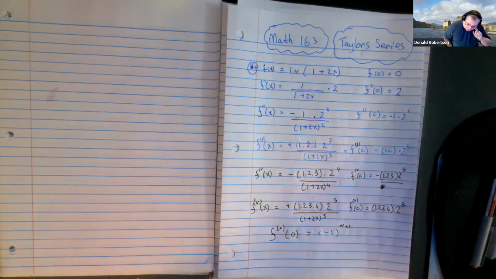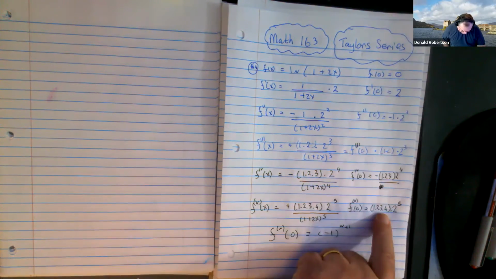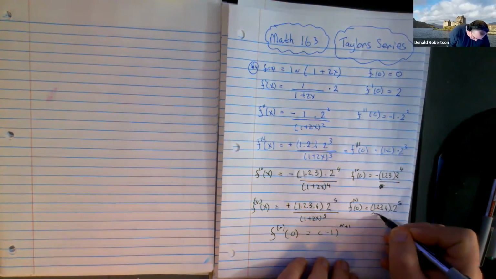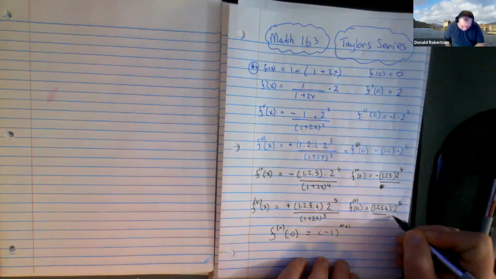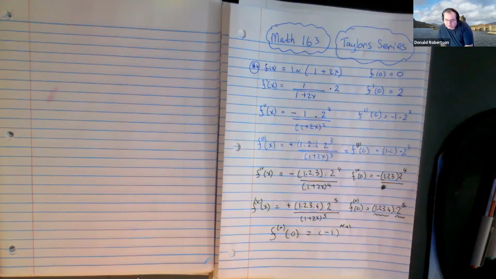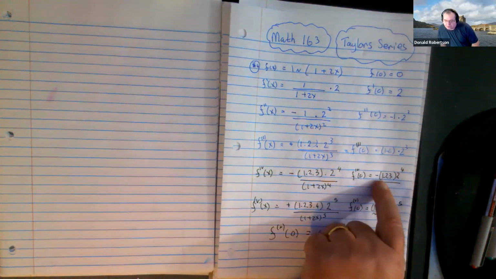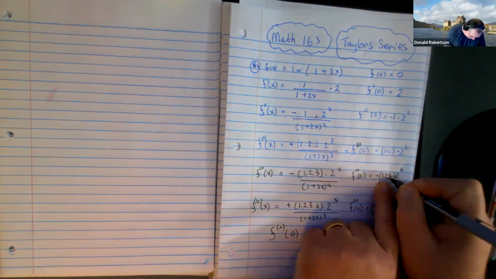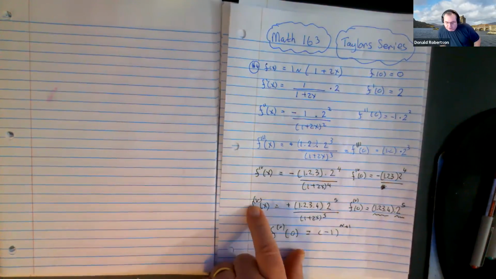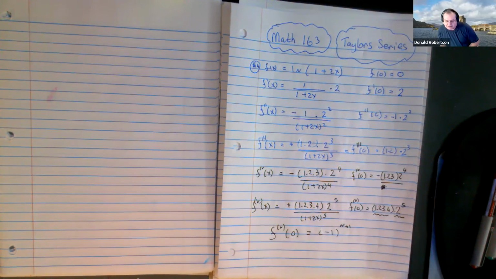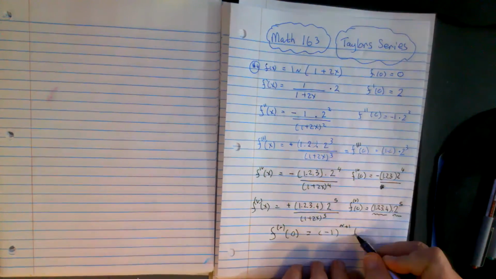Now, there are 2 more things over here. There's this piece, and separate from it, there's this piece. What about the 4th derivative is 1 times 2 times 3. The 5th derivative is 1 times 2 times 3 times 4. So what is the nth derivative going to be? n-1 factorial.